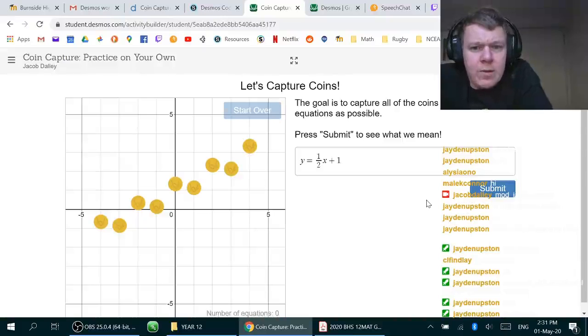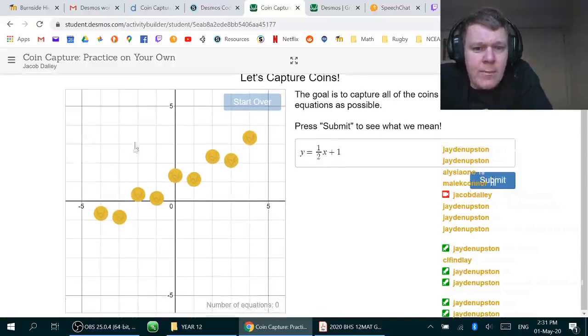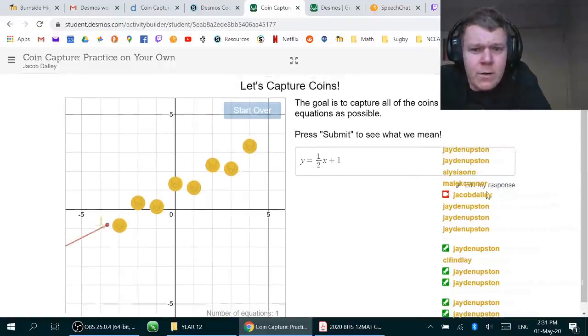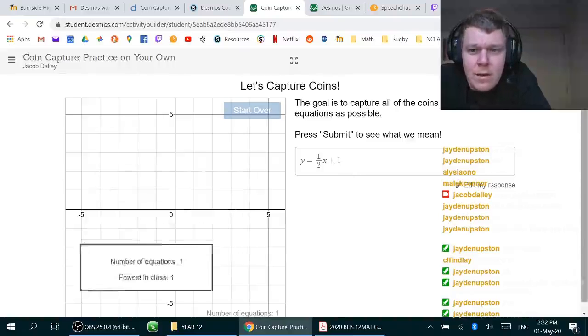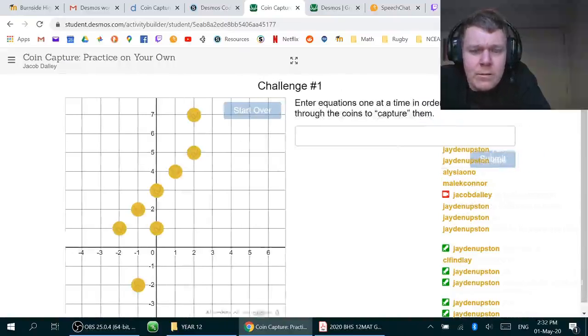All right. So this game is about making lines, and you've got to try and get a line that is going to go through all these coins. So this is the first one, just showing you how it works. So there's this line, a half x plus 1. Let's do another one. Okay, so I want to get a line that goes through these coins.